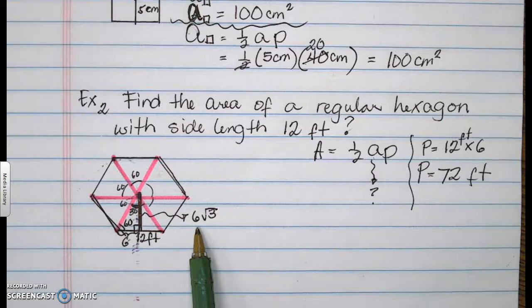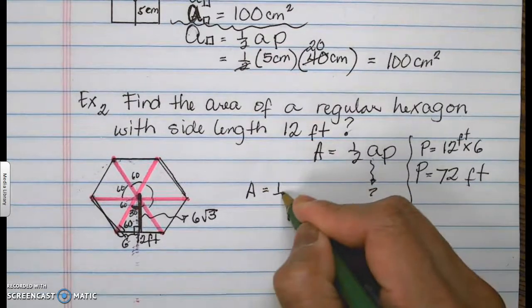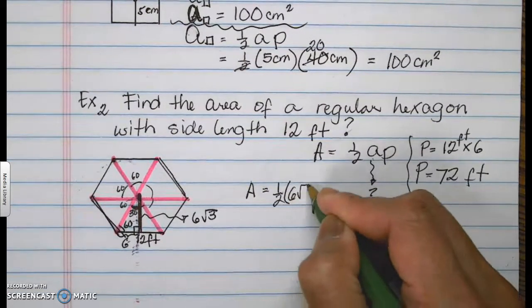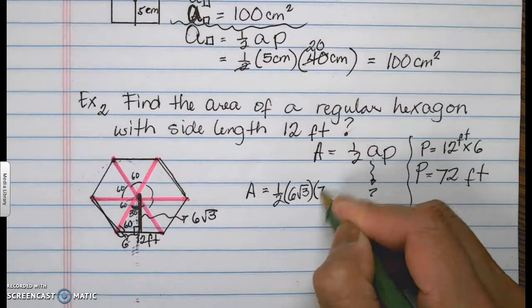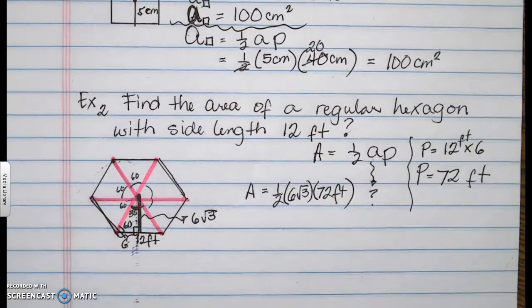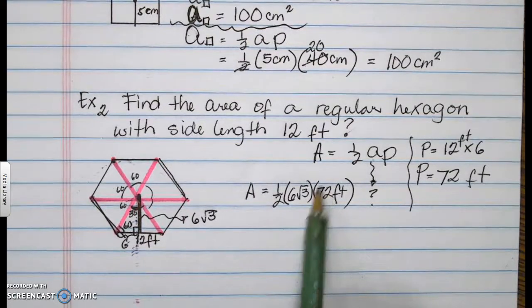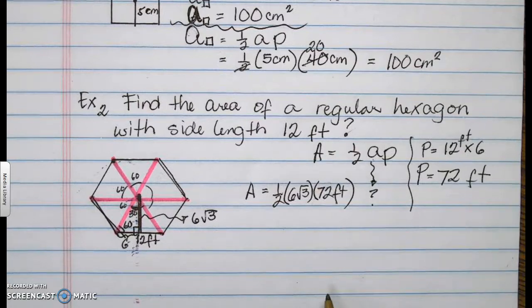So let's go ahead and solve for the area of this regular hexagon. Area of the hexagon is going to be 1/2 apothem, 6 square root of 3, perimeter is 72 feet. I'm going to divide this by 2.